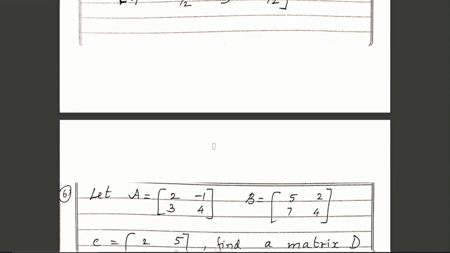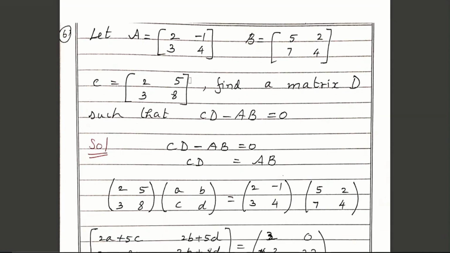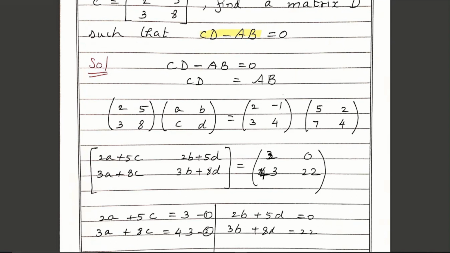Next sum. A matrix and B matrix are given, C matrix is also given. Let A, B and C matrices be given. Find a matrix D such that CD minus AB equals 0. So this is the condition given, CD minus AB equals 0. I am taking that step here. So CD equals AB.